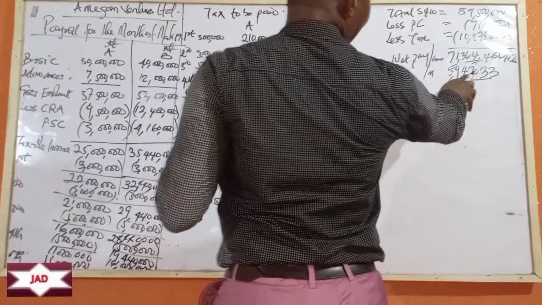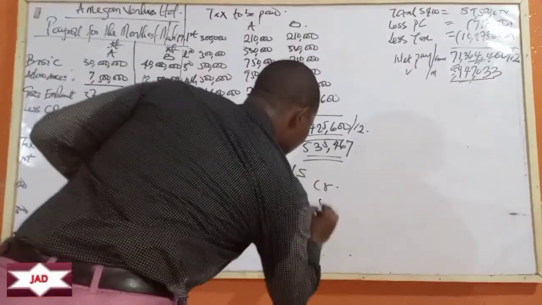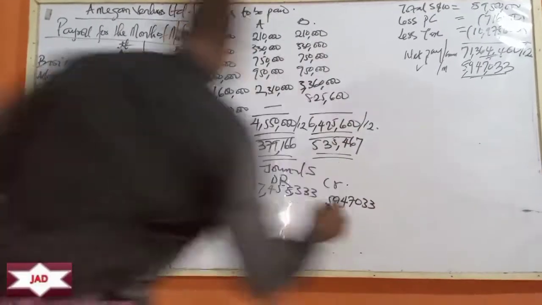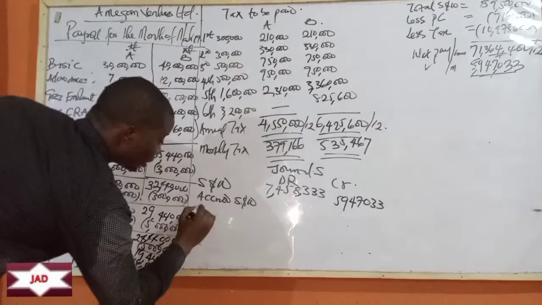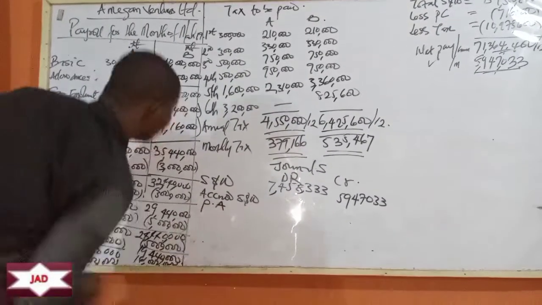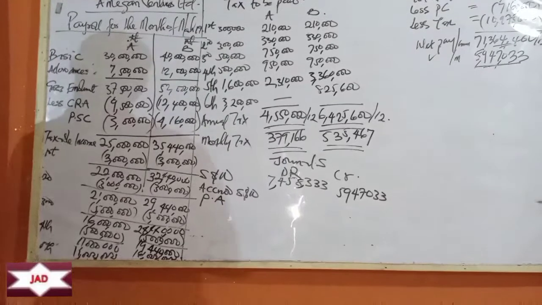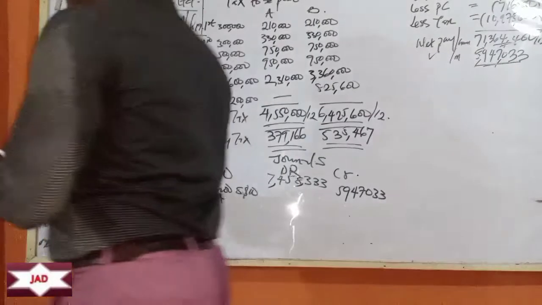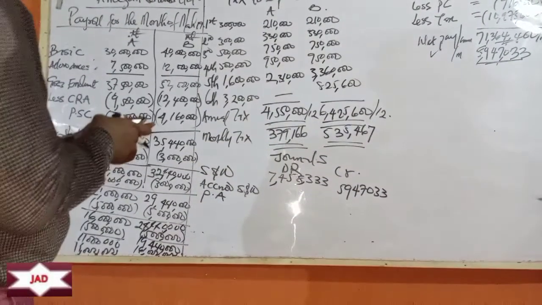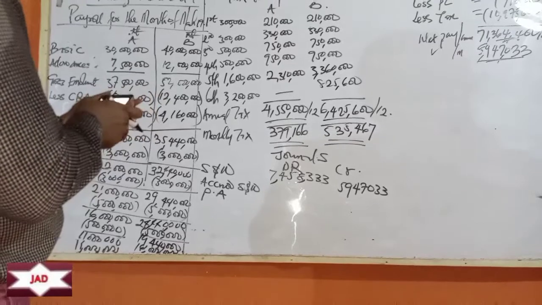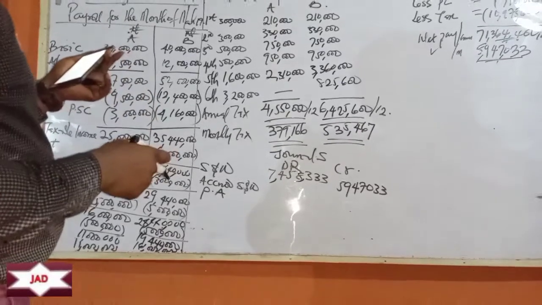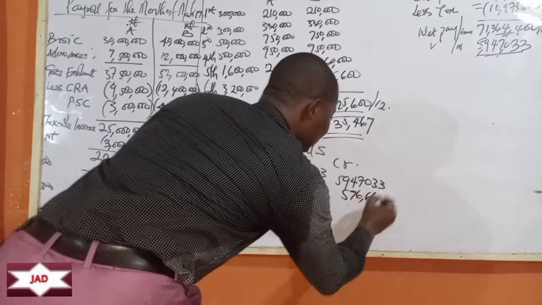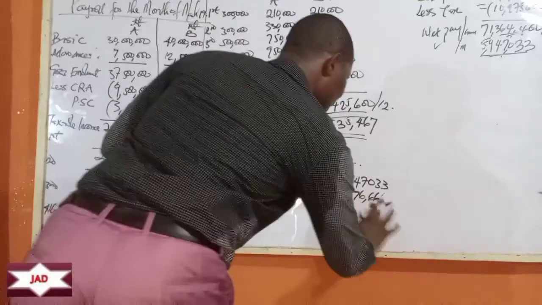So accrued salaries and wages, that's for the net pay: 5,947,033. So we have what now? Pension administrators. What's the pension? Pension here is 7,160,000 per annum. 7,160,000 divided by 12 is 596,666, approximately.